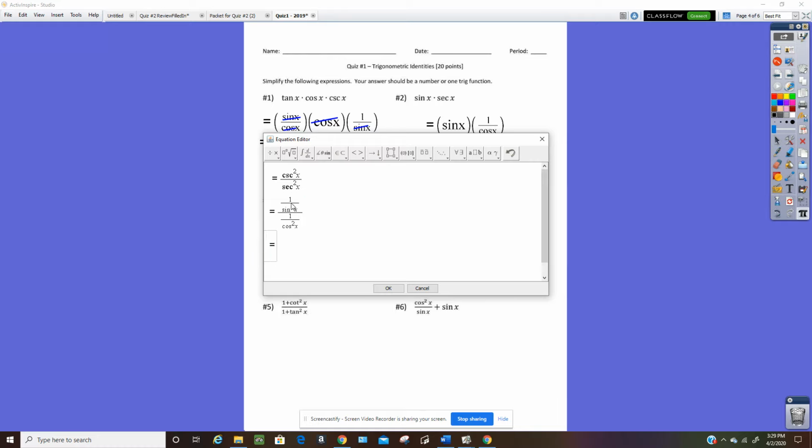And then you want to take this complex fraction, leave the denominator alone, and multiply by the reciprocal.